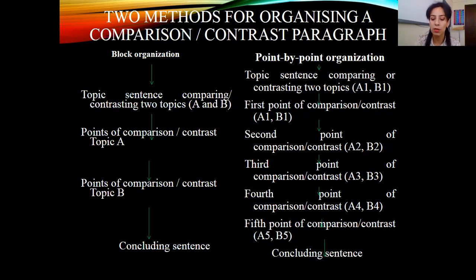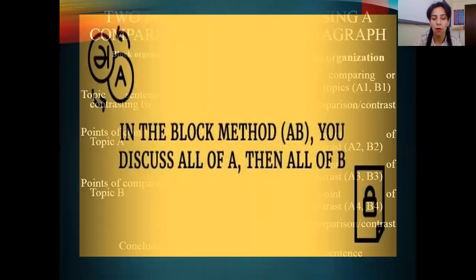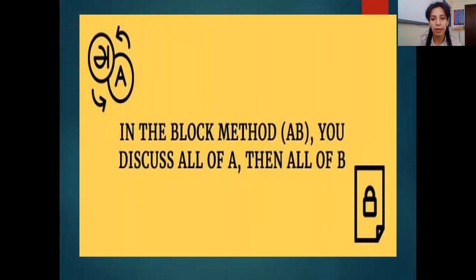Second point about A2, B2. Third point about A3, B3. Fourth point about A4, B4. And fifth point about A5 and B5. And of course, the concluding sentence. So these are two methods for organizing a comparison and contrast paragraph. In the block method, you discuss all of A, then all of B.